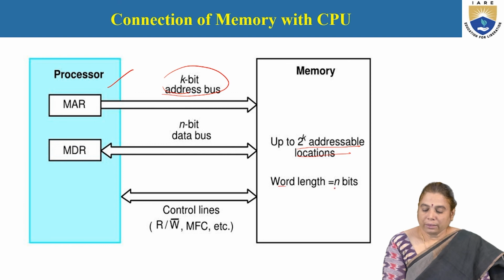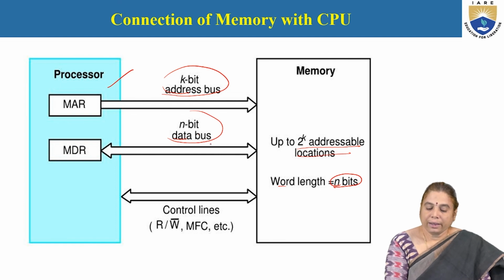The word length can be n bits depending upon the n-bit data lines. MDR carries the data that can be read from or written to the memory. The operation to perform is specified with the control line: either read operation, write operation, or memory function complete.